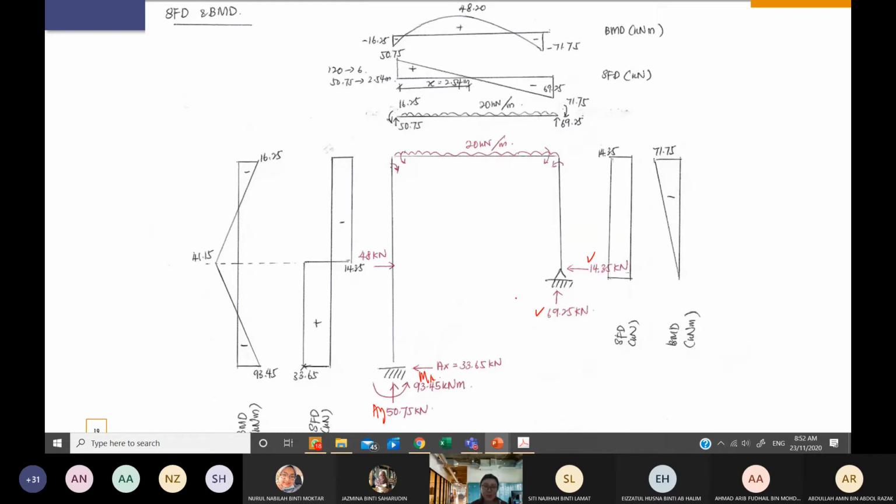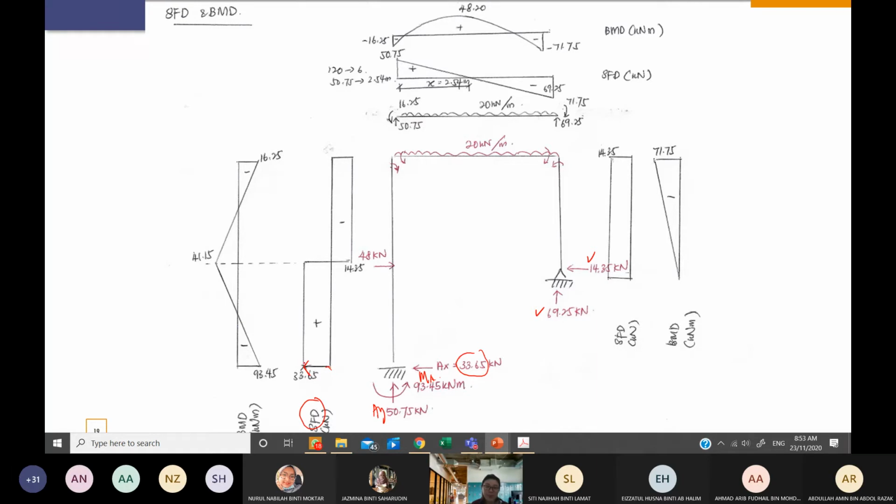Okay, but in a quick way, you can directly draw the shear force. For example, you already have this 33.65. This is acting to your right, meaning that you are going to the right. Just follow the direction.